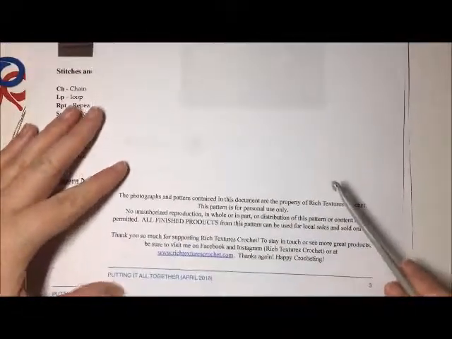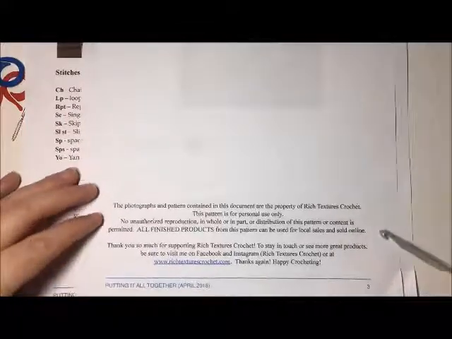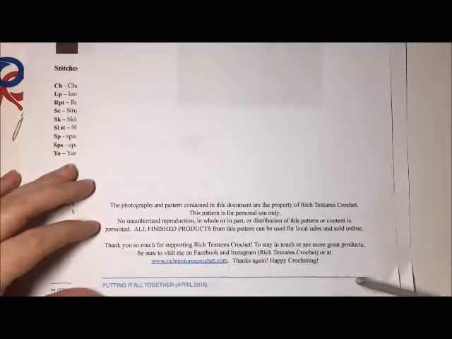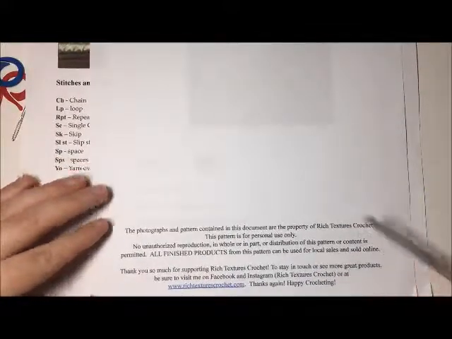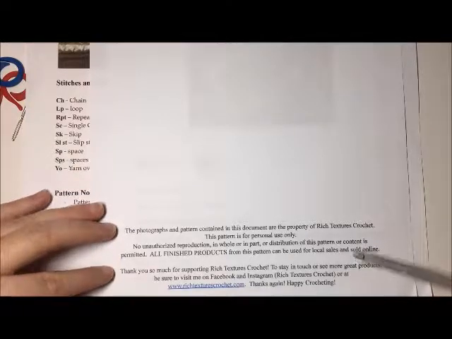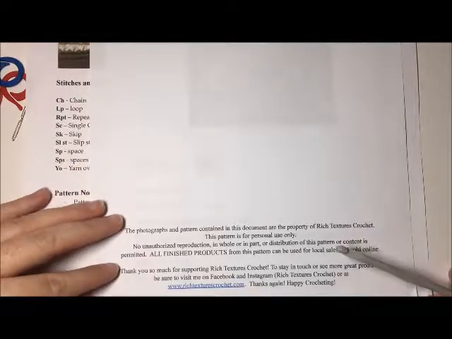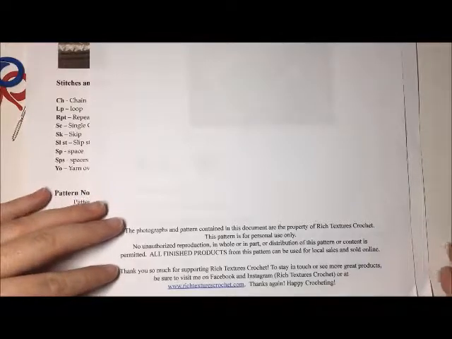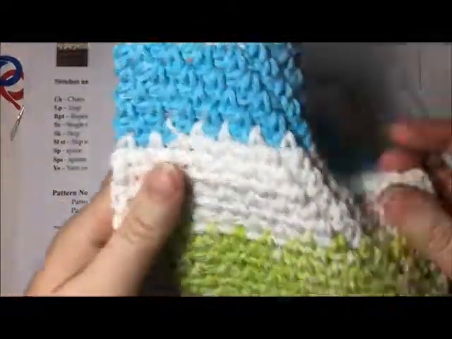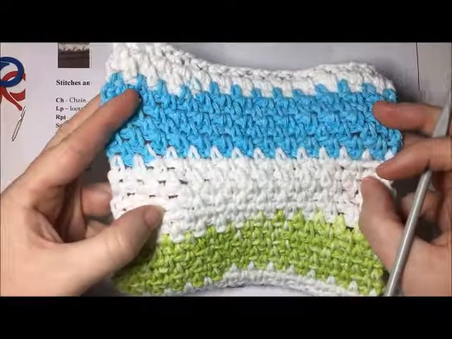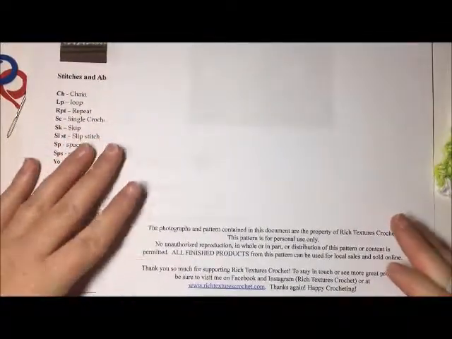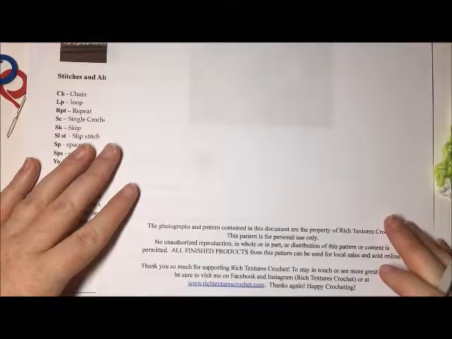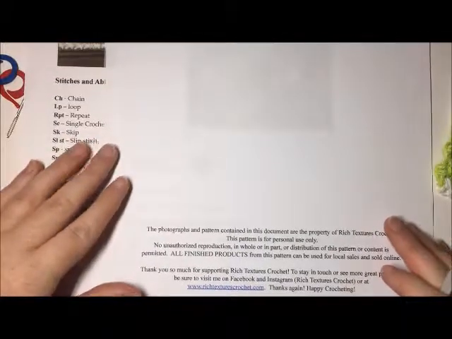Finally, on your crochet pattern, somewhere there you will see your copyright information. Now, a crochet pattern in its written or video tutorial form is copyrighted by the designer, and this means that while you may, in most cases, sell your finished product that you made, you are not allowed to give away or sell copies of the written pattern.